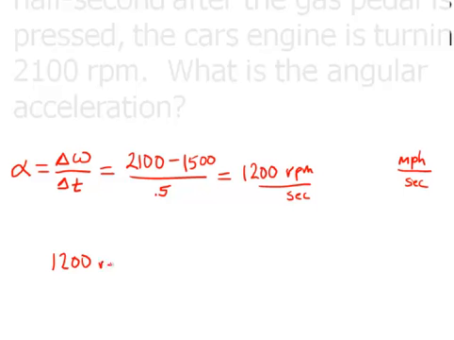RPMs means revolutions per minute. And there was already a second in the denominator, so I'm going to also write that down here. And now we need to convert the revolutions into radians, and one of these, the minutes, into seconds, and then we'll have radians per second squared. So maybe I'll start with the time unit, 1 minute and 60 seconds.